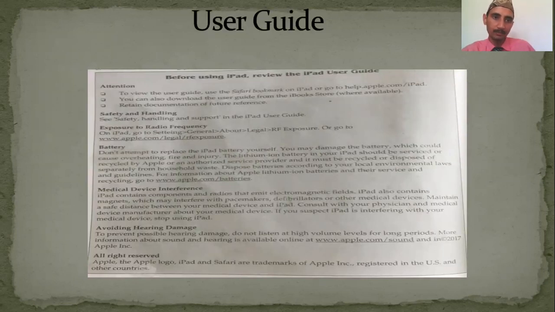So here, attention, this is the safety rules, right? So this is also called instruction, with 1, 2, 3 given in a block. How many titles? Let's see: attention, safety and handling, exposure to radio frequency, battery, medical device interference, avoiding hearing damage, all rights reserved. So there are 7 titles, right?